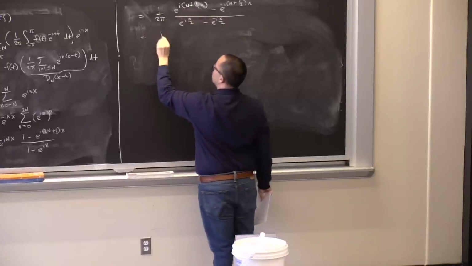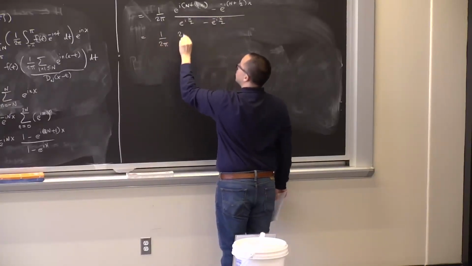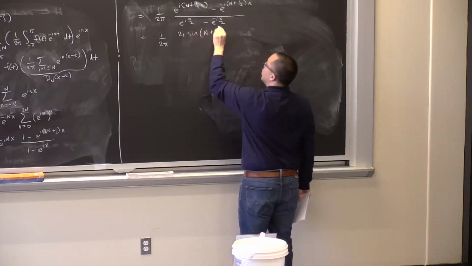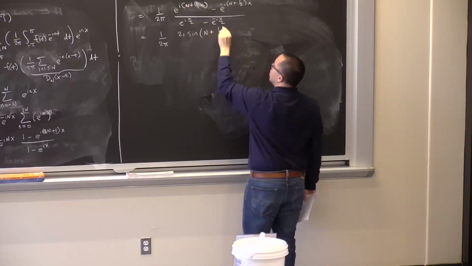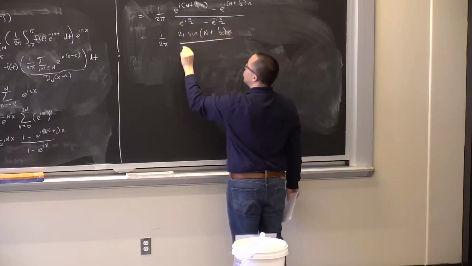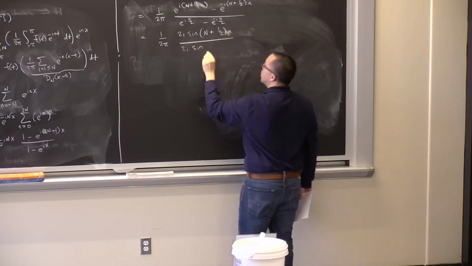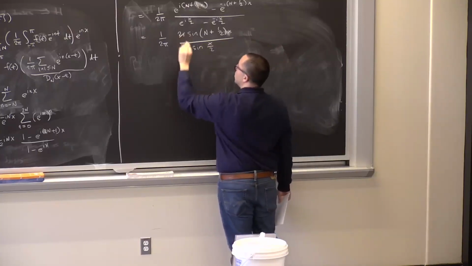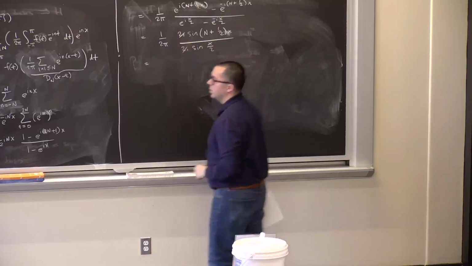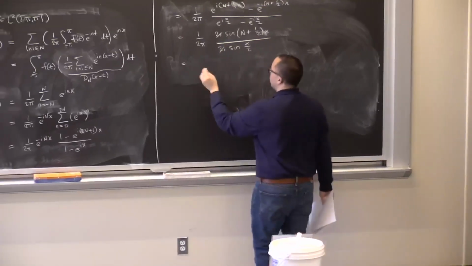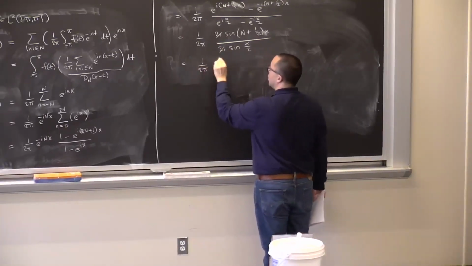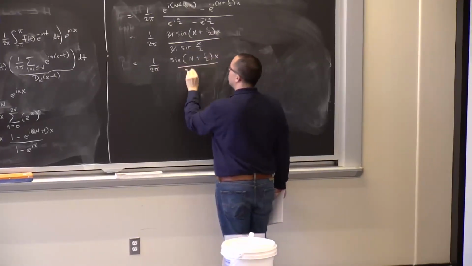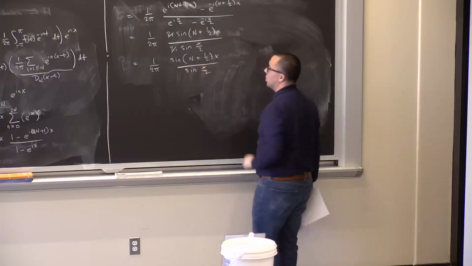So I pick up 1 over 2 pi times 2i sine of (N plus 1/2) x over 2i sine of x over 2, and these two i's cancel, and that equals 1 over 2 pi sine of (N plus 1/2) x over sine of x over 2, okay, which is what I wanted.